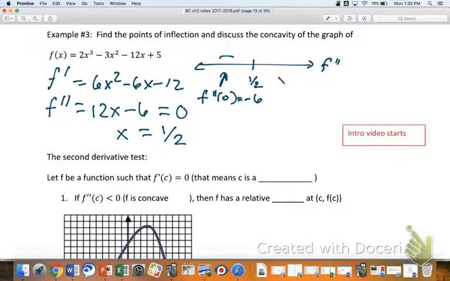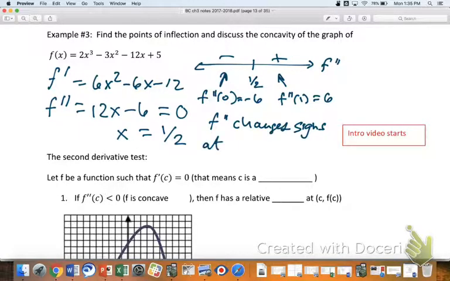So it's negative. Whereas f double prime of 1 is equal to positive 6. So positive right there. So you'd say f double prime changes signs at x equals 1/2. Therefore, f has an inflection point at x equals 1/2.